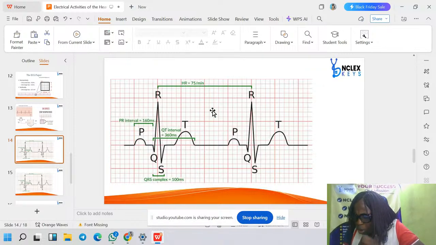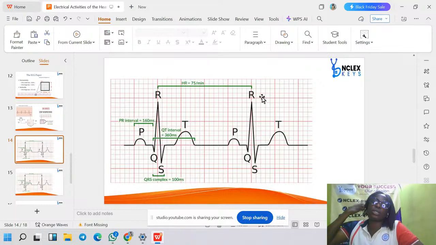So if you are using the small box method to solve this problem, how many small boxes do you have from one R to the other R? I'm expecting your responses.